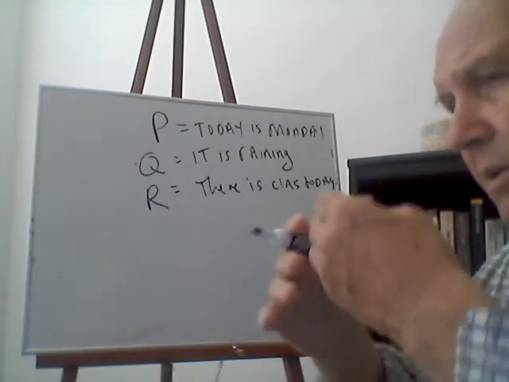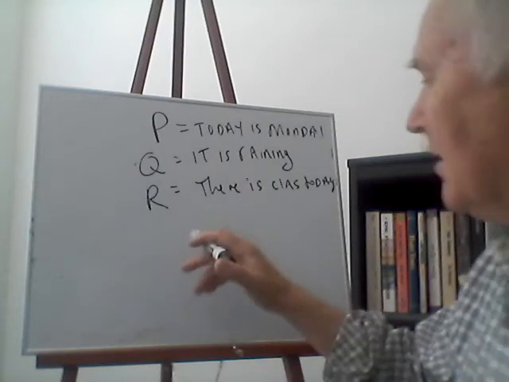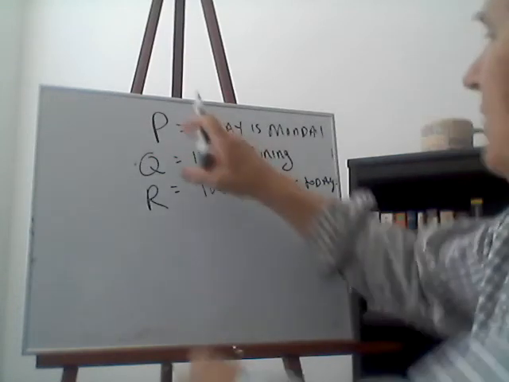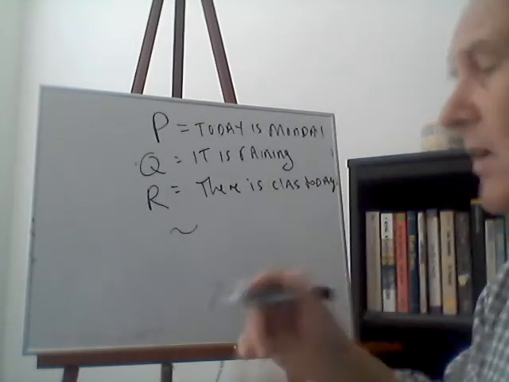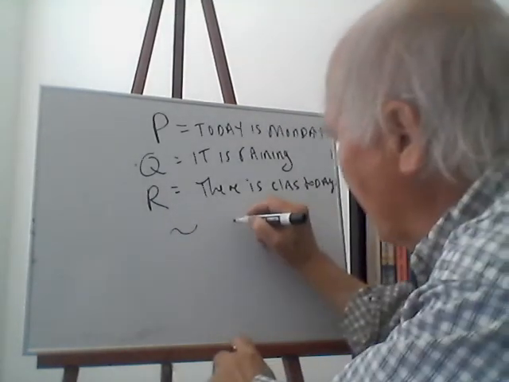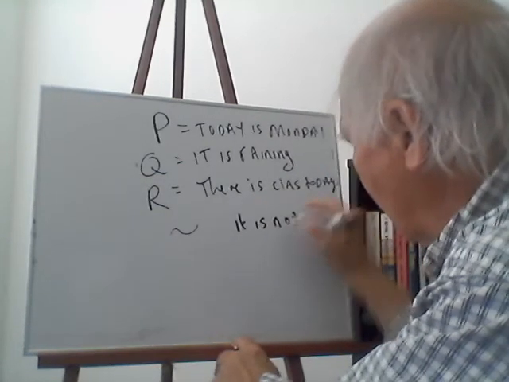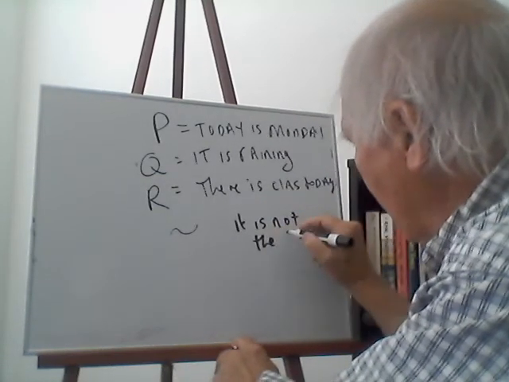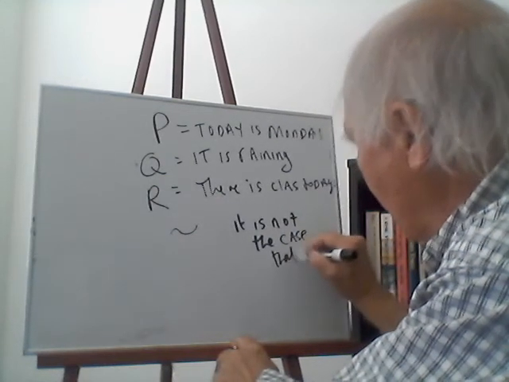We can add things to them, and these are called connectives. For example, I could use this symbol here, called the tilde. It's a sign of negation. It means it is not the case that.